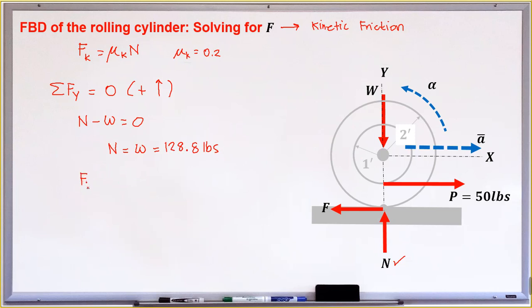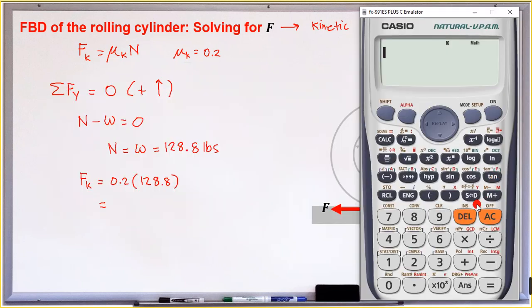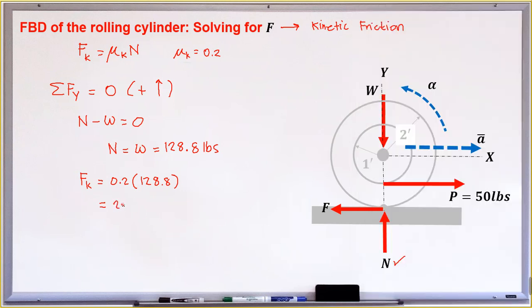Okay, so next we're now ready to solve for the kinetic friction. Our kinetic friction Fk is equal to 0.2 times 128.8. I'm going to use my calculator: 0.2 times 128.8. The result is 25.76 pounds.